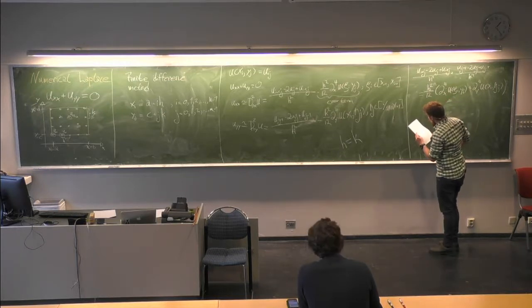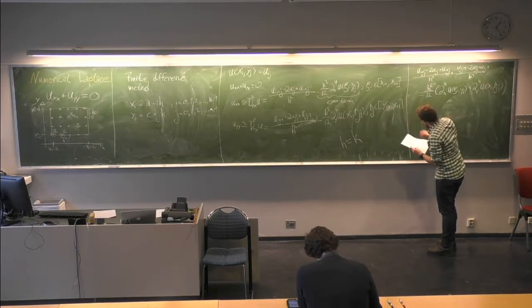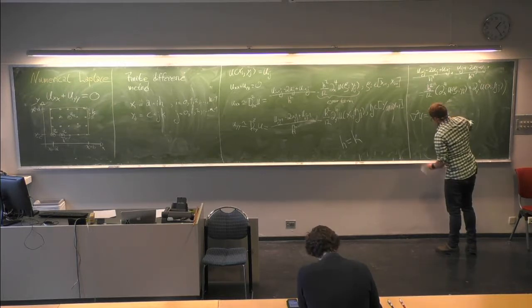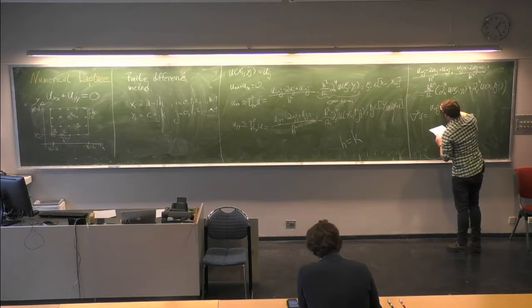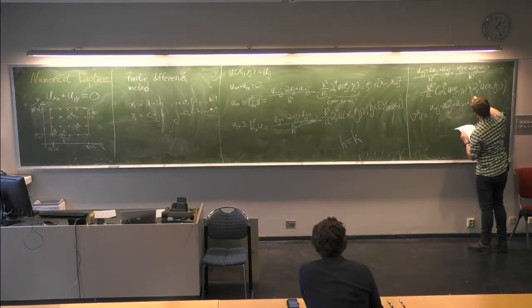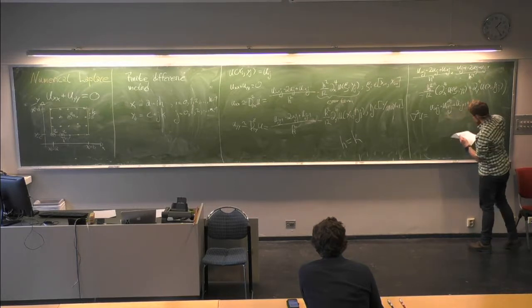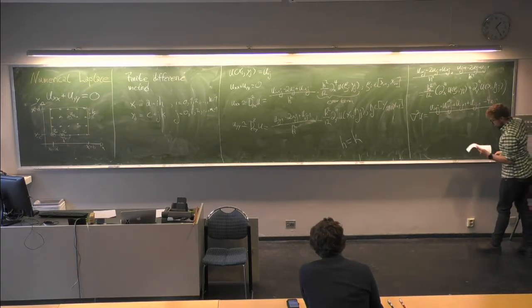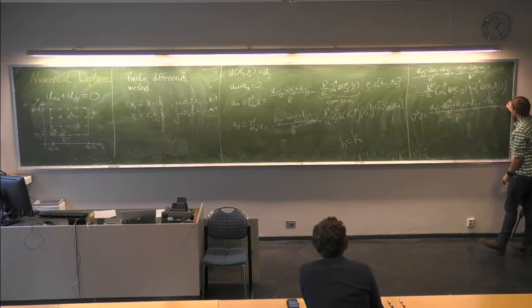We can solve for ui in this Laplace equation, with ui plus 1 j, u i j plus 1, ordering all of the i, j, i minus 1, j, i j minus 1, for i, j. It should be 0.